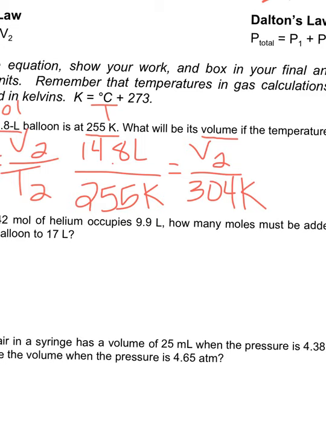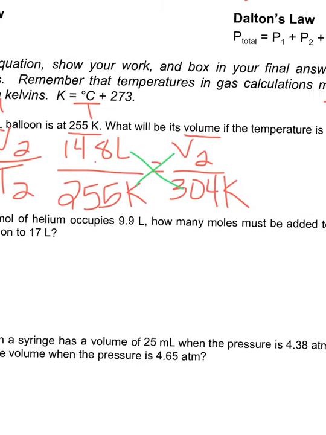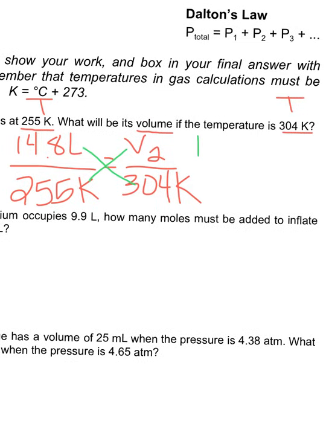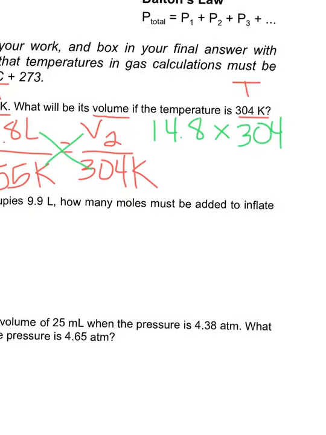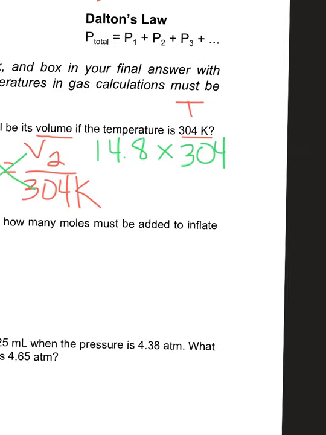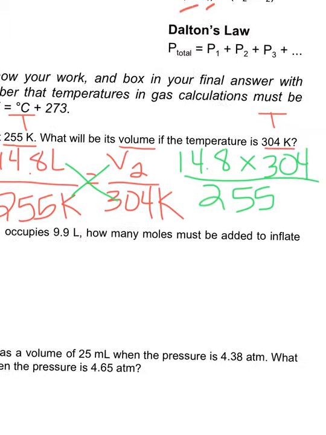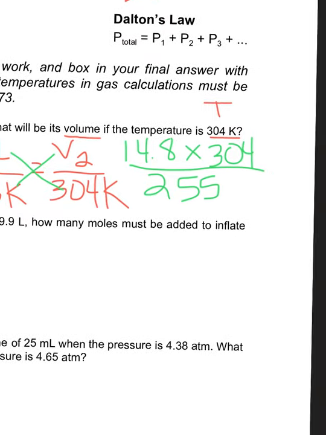Simple cross multiplication, okay? So on your calculator, it would be 14.8 times 304 divided by 255.